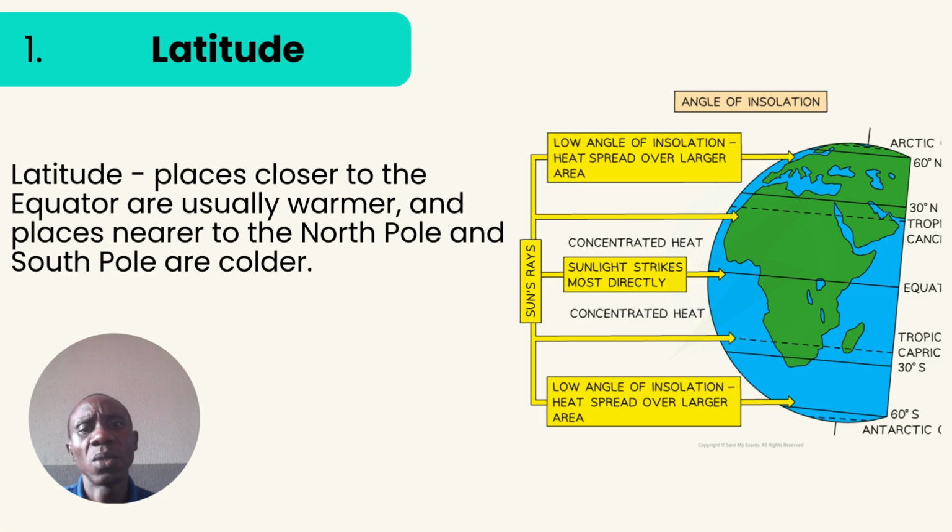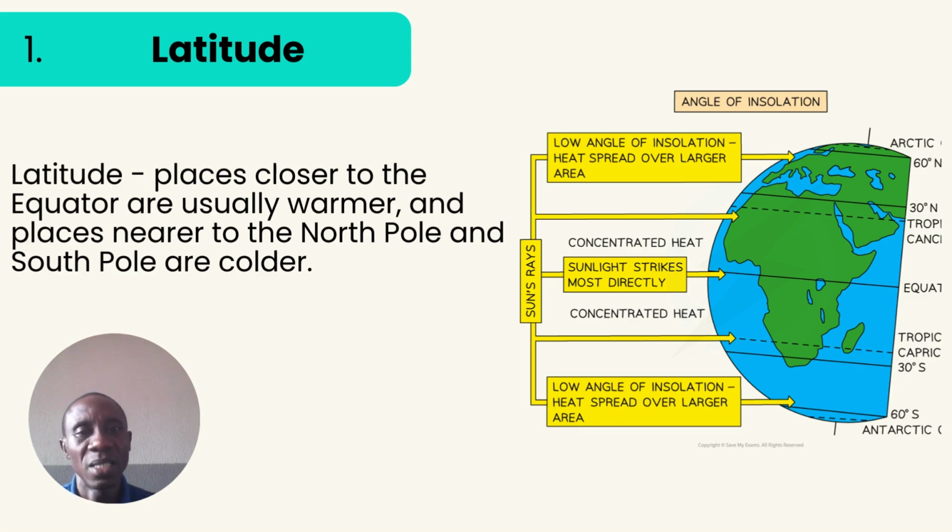Places closer to the equator are usually warmer, and places nearer to the North Pole and South Pole are colder. If you look at the illustration there, you see that sunlight strikes most directly within the tropics, where you find Africa, within 30 degrees north of the equator and 30 degrees south of the equator.